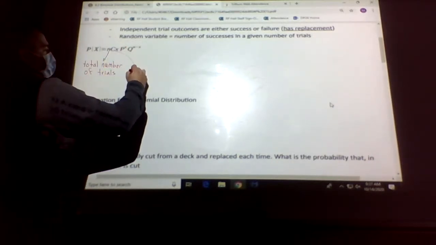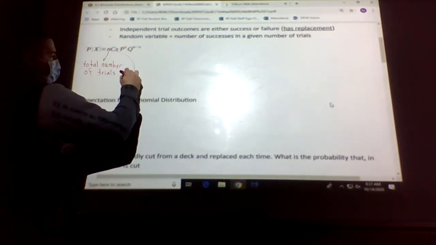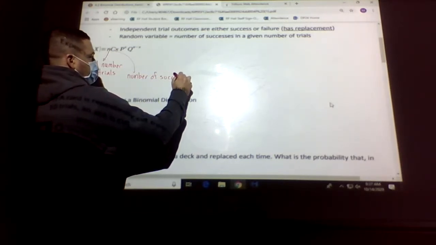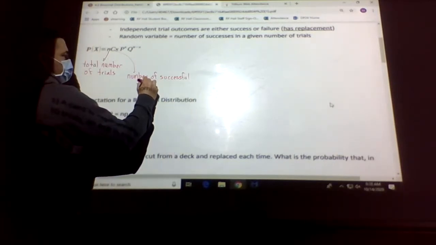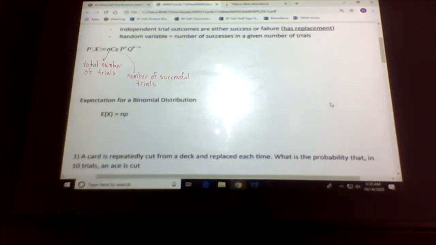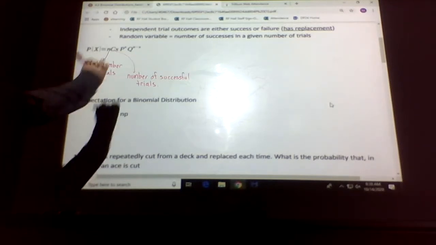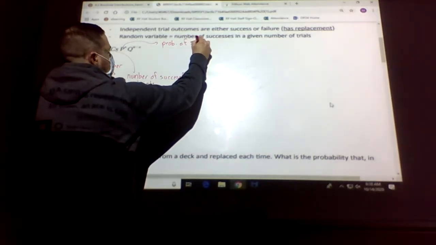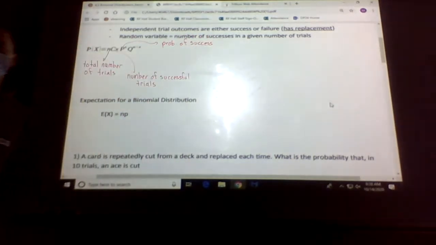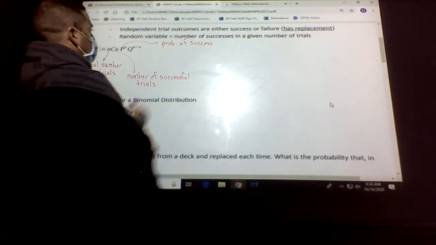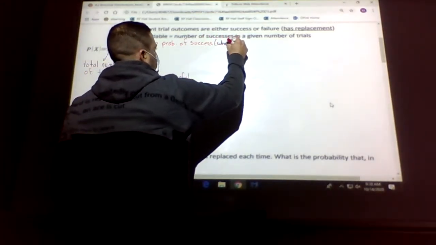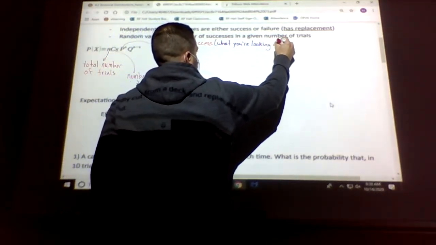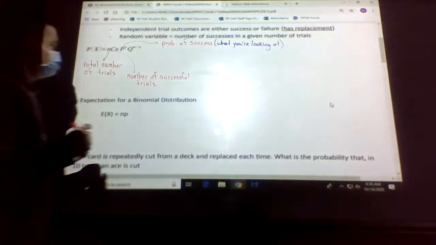X is going to be the number of successful trials. P is the probability of success, or the probability of what you're looking at. I'll explain that with examples.